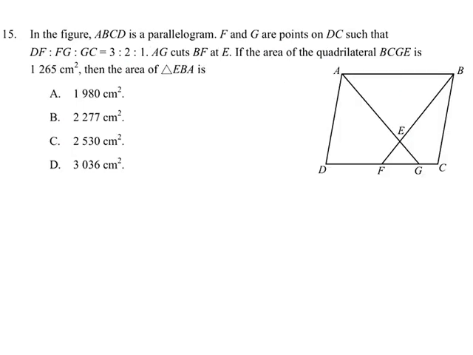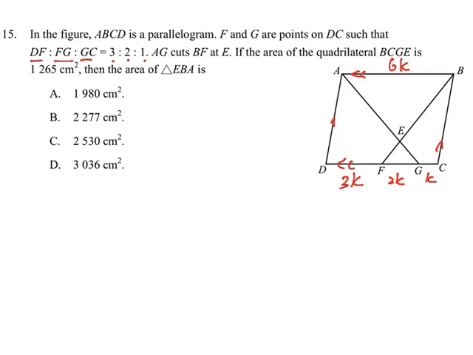Okay, let's see 15. ABCD is a parallelogram, with two parallel lines, and then DF, FG, GC is 3 to 1, the ratio. That means 3k to k, k for the actual length. So that means AB is 6k.